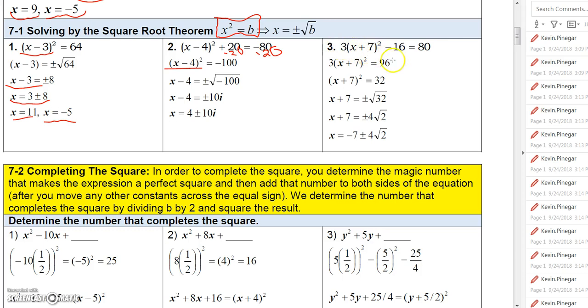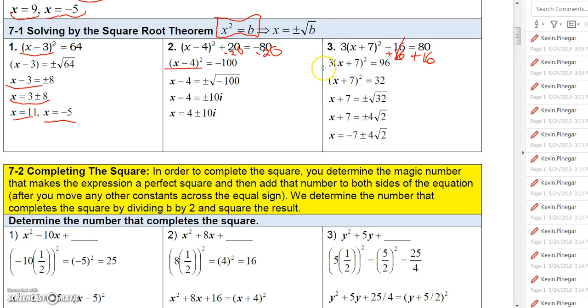On the third one here, you actually want to add 16 to both sides first. So if you add 16 here, it'll just cancel the 16s. And then if you add 16 here, it will give you 96. So that way you'll have just 3 times x plus 7 quantity squared equals 96.